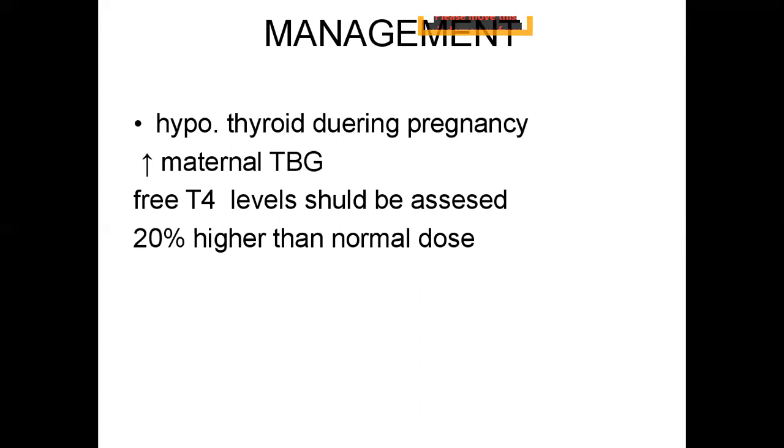Due to the increased thyroid binding globulins, these hormones will bind to the thyroid binding globulins, so the free hormone will be decreased. So if the patient is already hypothyroid, it affects most because the patient will have T3, T4 very low. So assessment of T4 levels is very much needed in pregnancy.